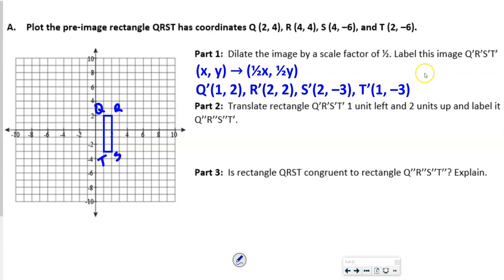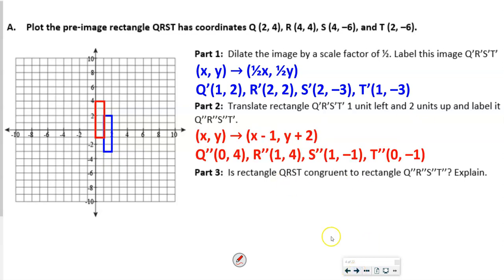Okay? Then it says translate the rectangle QRST 1 left and 2 units up. So to do this, we're going to take our X, Y, and go 1 left, X minus 1, and Y plus 2 because we're going 2 up. Then we're going to apply that rule. So here we subtracted 1 from 1, we got 0. We added 2 to 2, that gave us that 4.